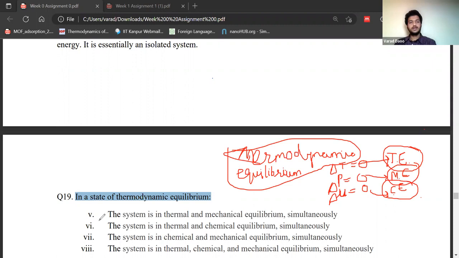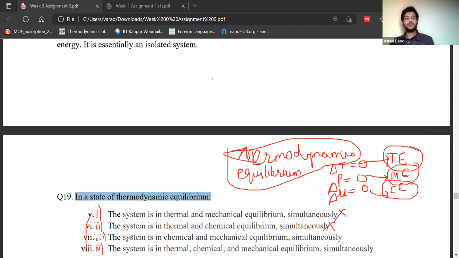So now let us look at the options: option 1, option 2, option 3, and option 4. Option 1: a system is in thermal and mechanical equilibrium. This is not the correct answer because nothing has been mentioned about chemical equilibrium. Option 2: system is in thermal and chemical equilibrium. This is also not correct because nothing has been mentioned about mechanical equilibrium.